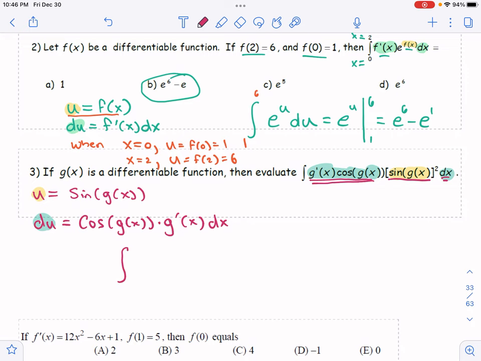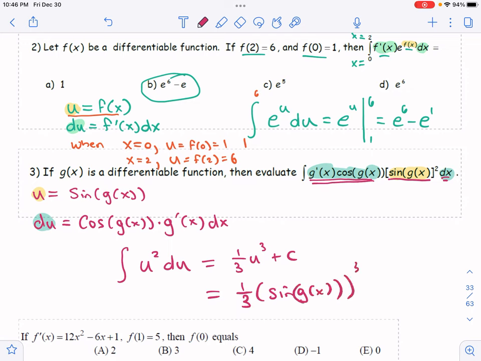Sine of g of x squared always becomes u squared du. The antiderivative of u squared is 1/3 u cubed plus c. And putting back our u for what it really was makes it 1/3 sine of g of x cubed plus c.